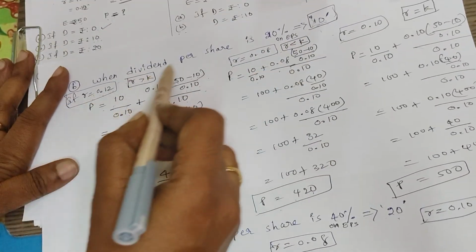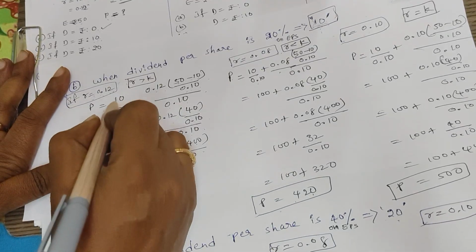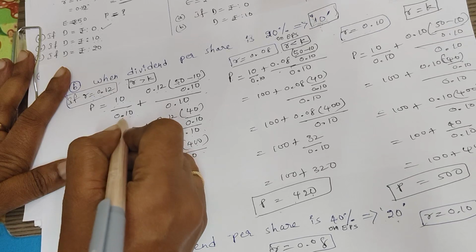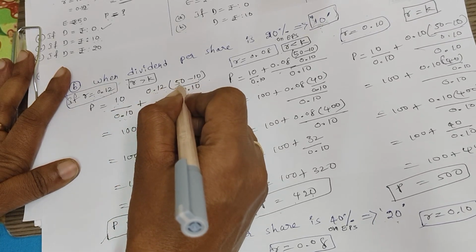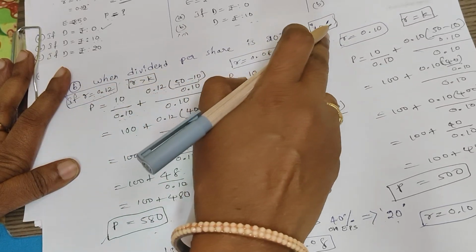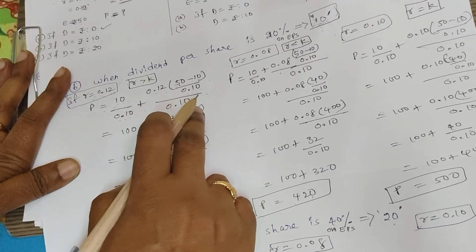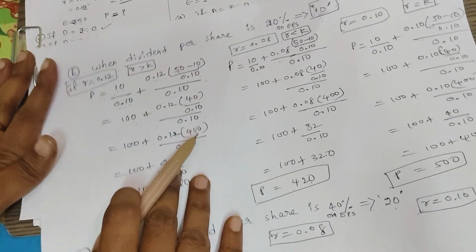If the dividend is 10 rupees, I'm applying here D is equals to 10 divided by K is equals to, as it is 0.10 plus R is equals to 0.12 and E is equals to 50 minus D is equals to 10, because we are using dividend as 10 rupees, divided by K is equals to 0.10 divided by 0.10. So by using these details, we can calculate P value here.